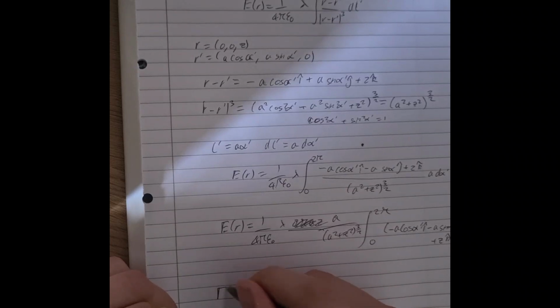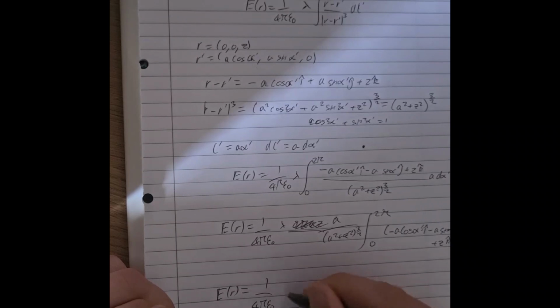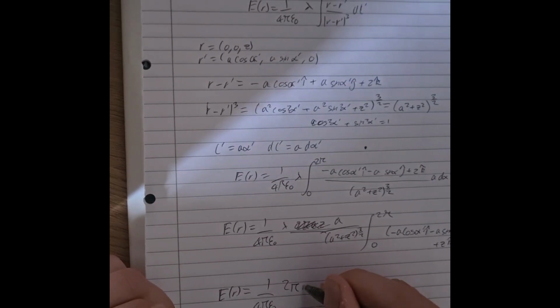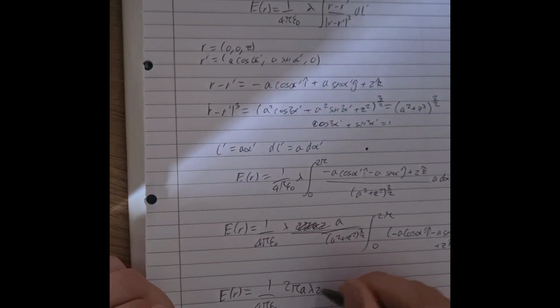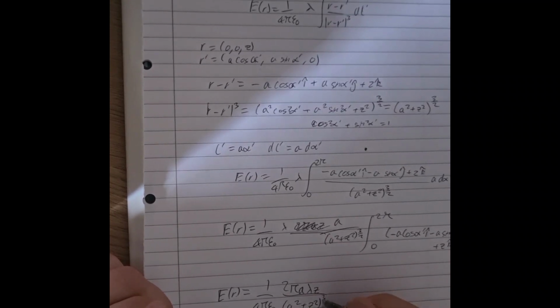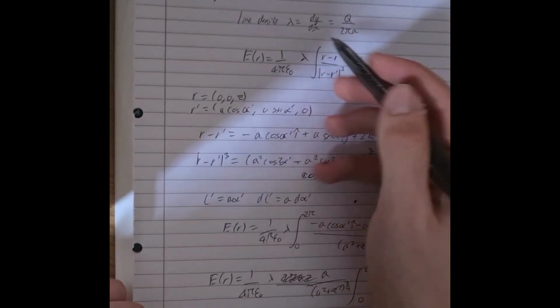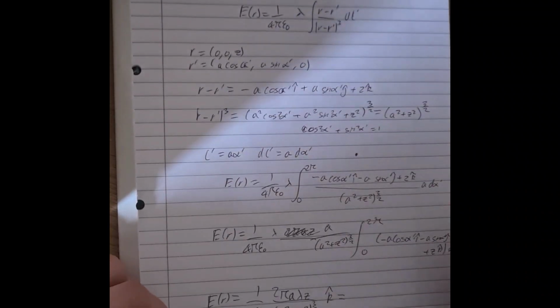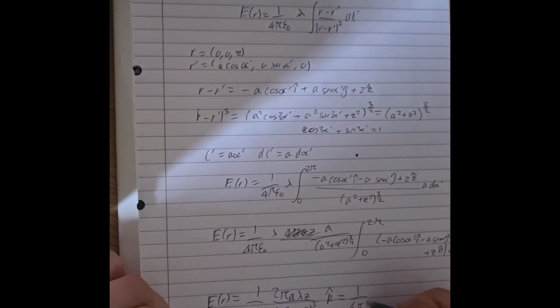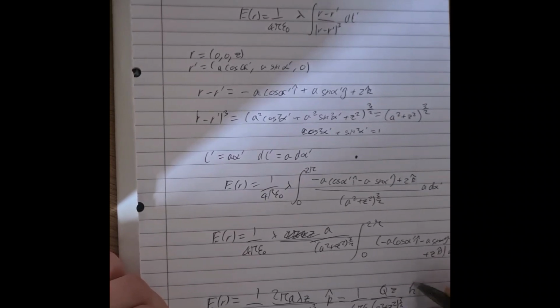So the electric field comes to 1 over 4 pi epsilon naught times 2 pi a lambda z over a squared plus z squared to the 3 over 2 k hat. Because 2 pi a lambda is equal to Q, we can write 1 over 4 pi epsilon naught Q z over a squared plus z squared to the power 3 over 2 in the k hat direction.